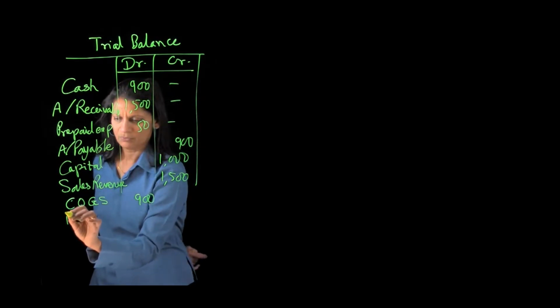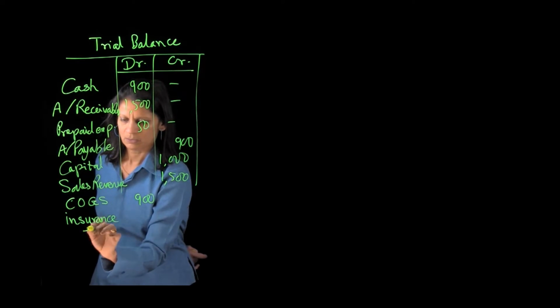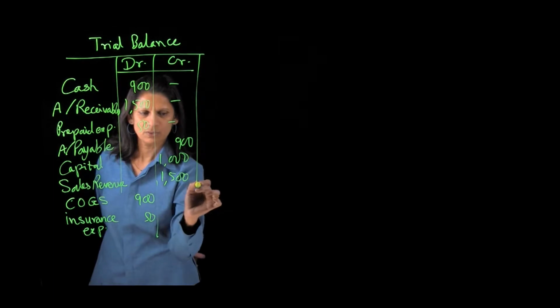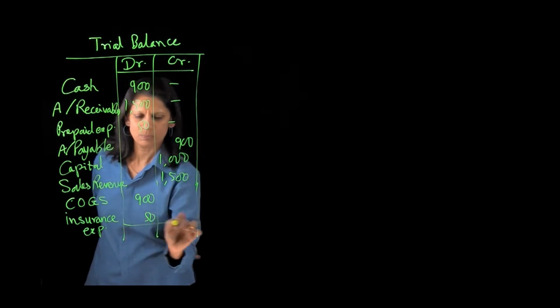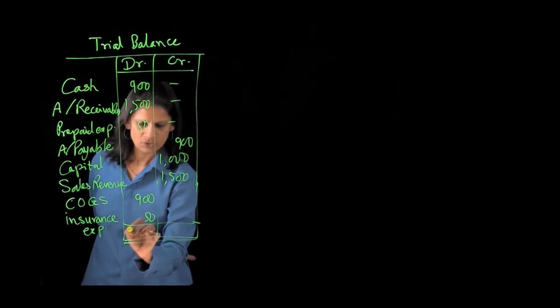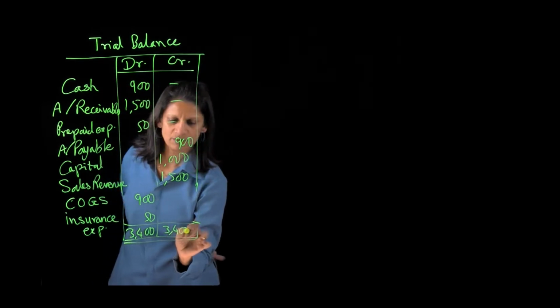And lastly, we had incurred some insurance expense worth $50. So in this way, during the accounting period, this was the picture of all our account heads, and the picture was coming to 3,400 debits and 3,400 credits.